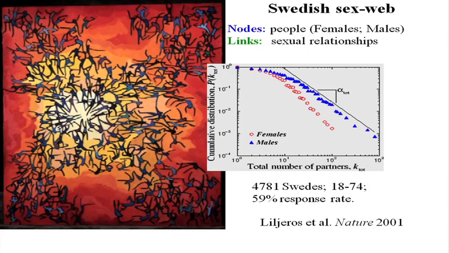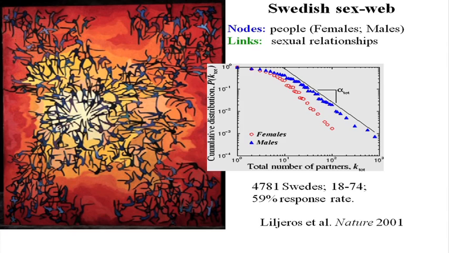Now, to motivate you further, I already talked last day about this example of the Swedish sex web, where each node is an individual and an edge can be interpreted as a sexual relationship between a pair of individuals. Now, we will assume that this network is a heterogeneous network.